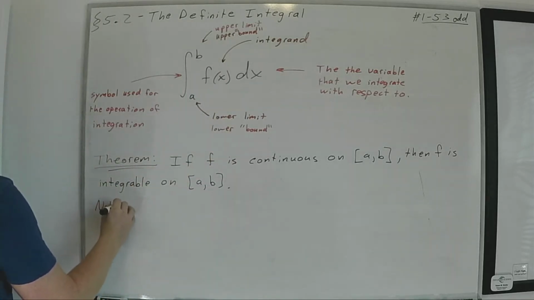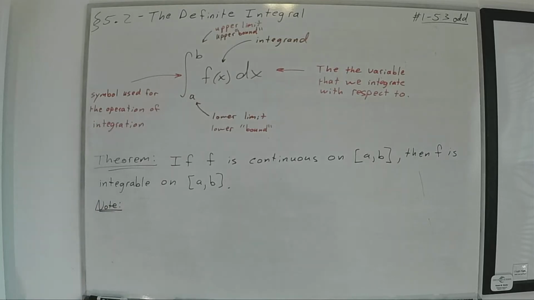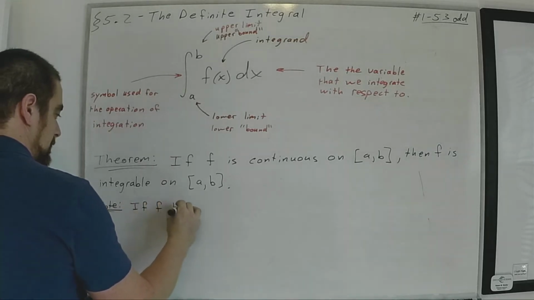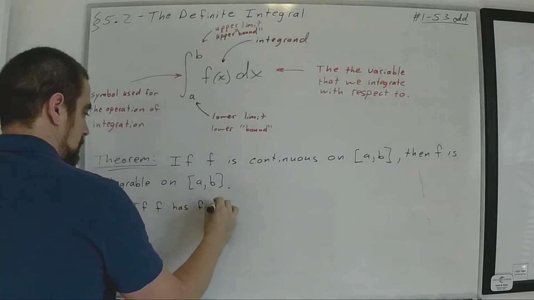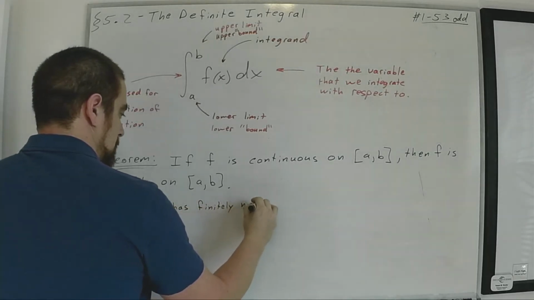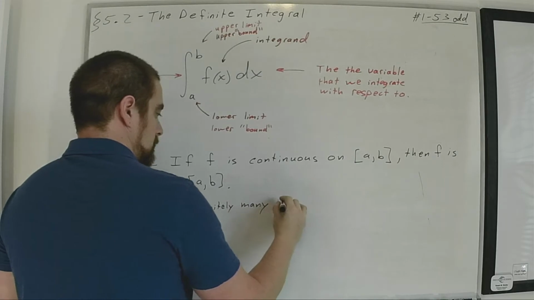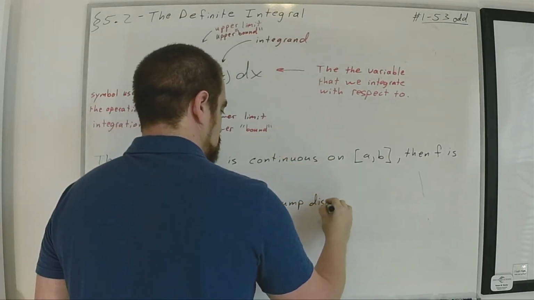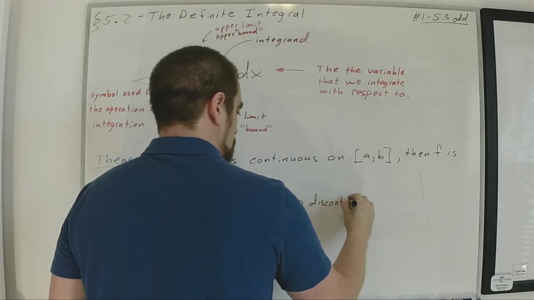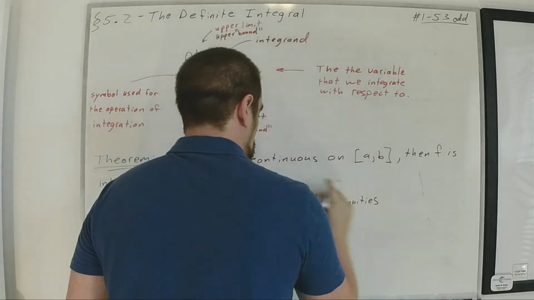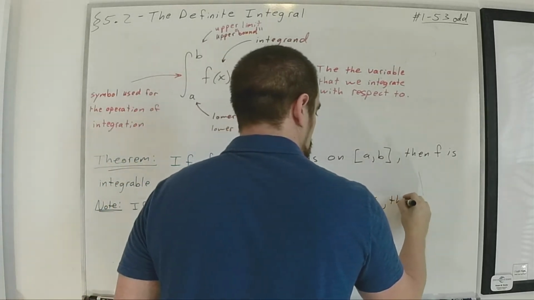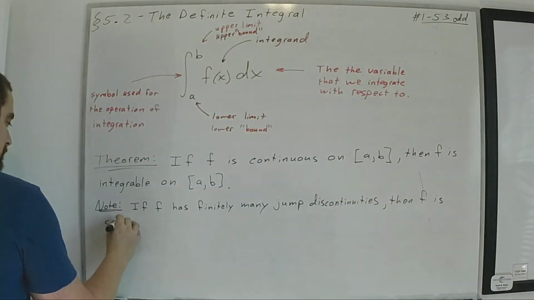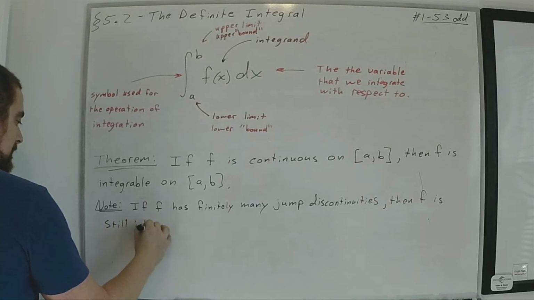We can actually extend this a little bit further. If f has finitely many what they call jump discontinuities, like piecewise functions exhibit this quite a bit, then f is still integrable on a to b.